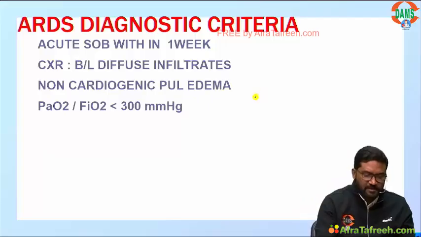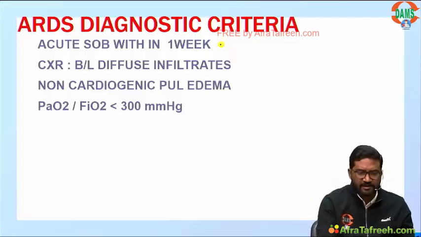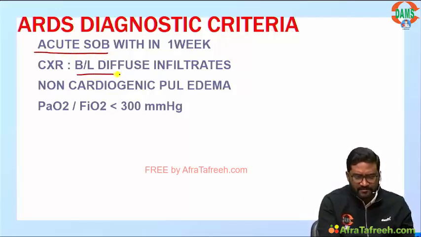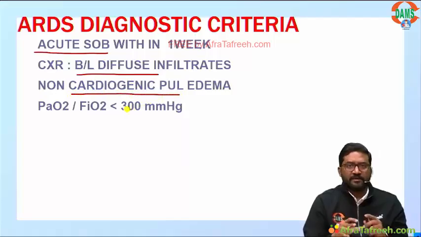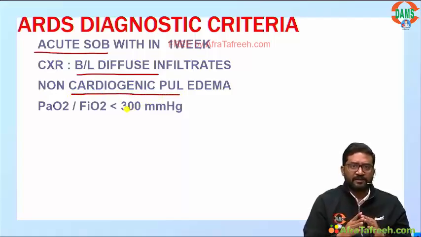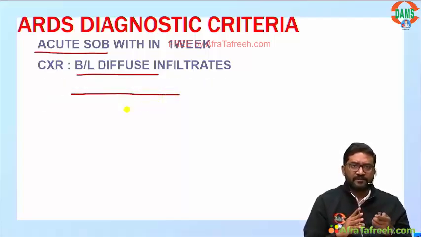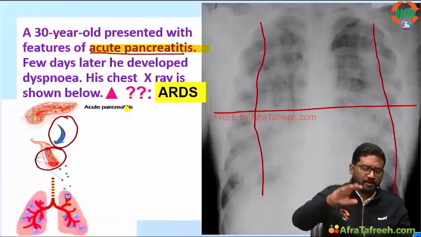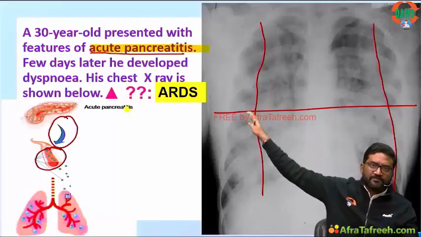And these are the ARDS diagnostic criteria. Within 1 week, there can be shortness of breath. Chest X-ray can show bilateral diffuse pulmonary infiltrates. There can be non-cardiogenic pulmonary edema. So if you see this chest X-ray, bilateral, top to bottom, side to side, in all quadrants you are having infiltrates.